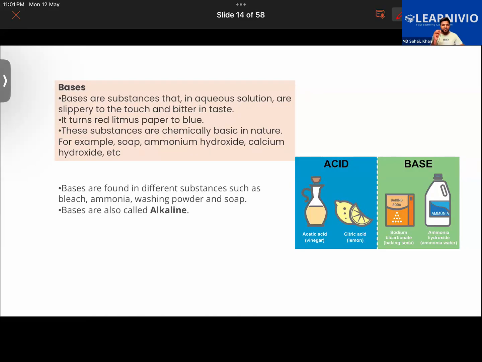And in tea, which acid is present? Yes, the tea that we consume, you're saying in tea which acid is found? I don't think it has any acid in it. Tea particularly, you're saying.